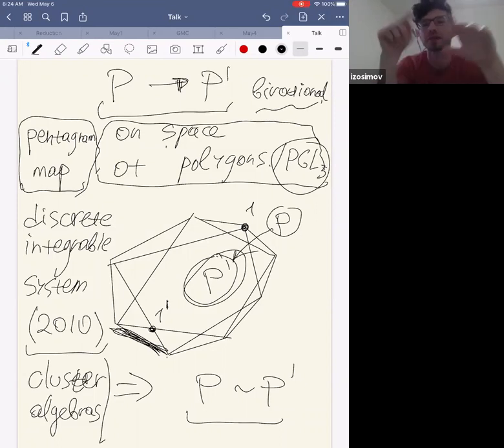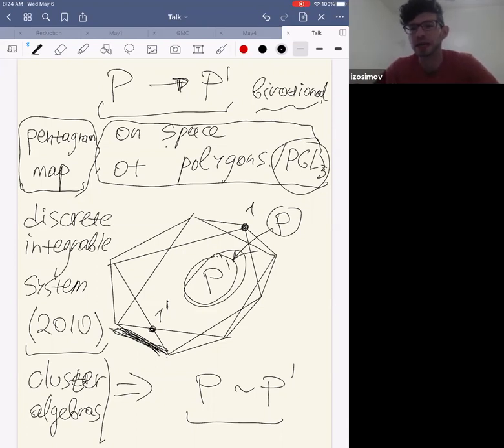But it may happen that if you mutate several vertices one after another, then the graph comes back. So it becomes the same as it initially was, and this means that the Poisson structure is also the same. So when we compose several mutations, we get a Poisson map from the initial space to itself, and the map itself is a composition of these mutations.